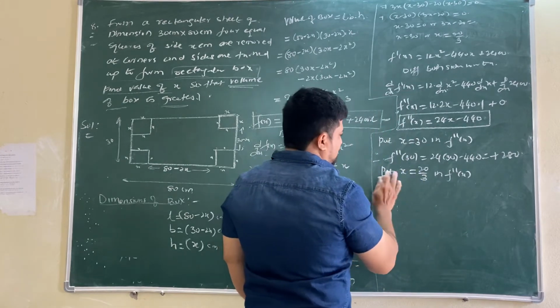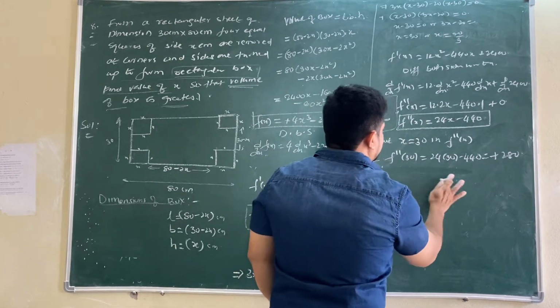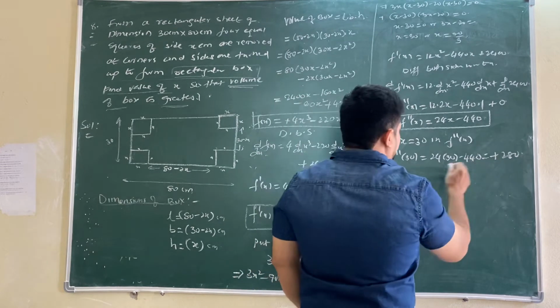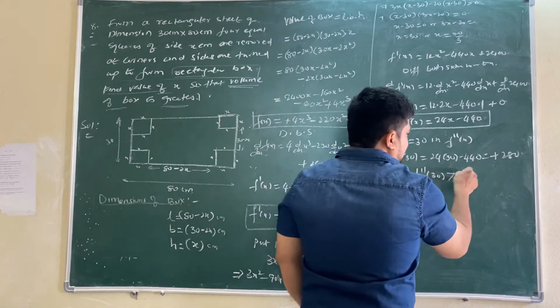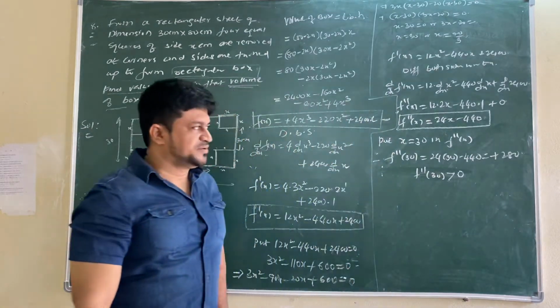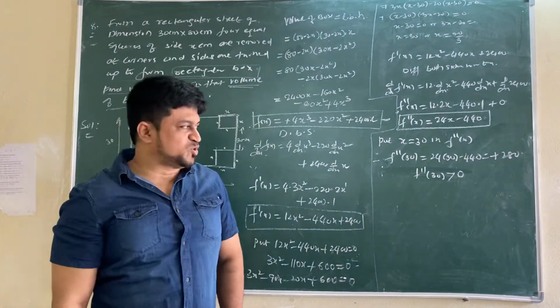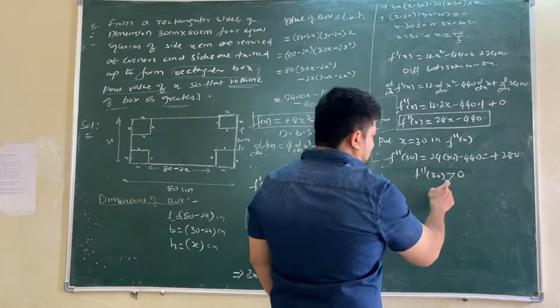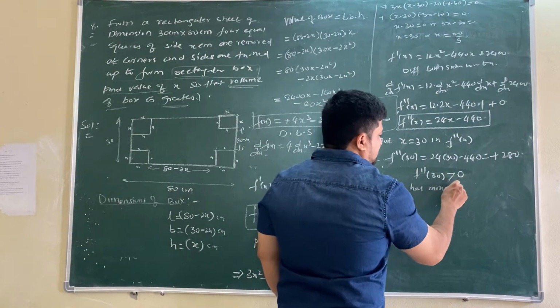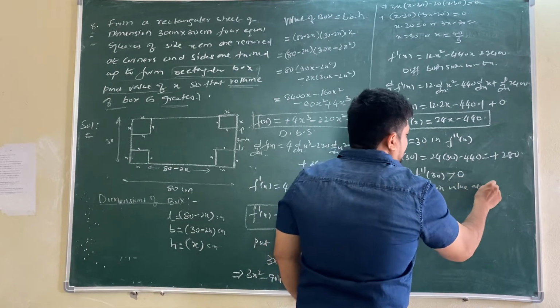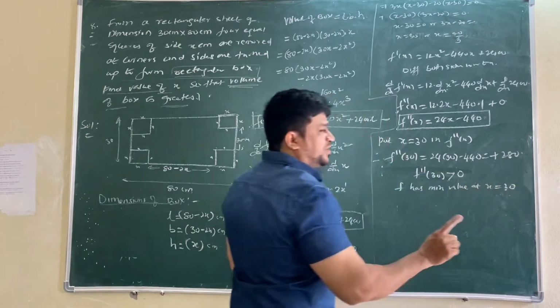But first we conclude this one. Once we got this positive value, f double dash of x is greater than or less than 0? Greater than 0, because 280 is positive. If it is greater than 0, f has minimum value at x equals 30, which we don't require.